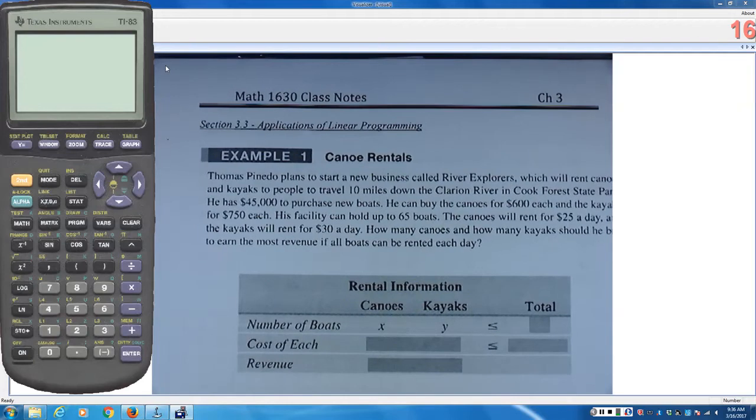So for our next example, we have a problem about renting canoes.